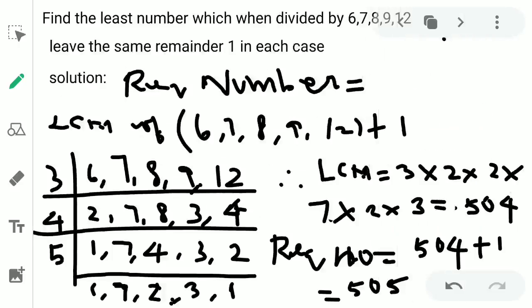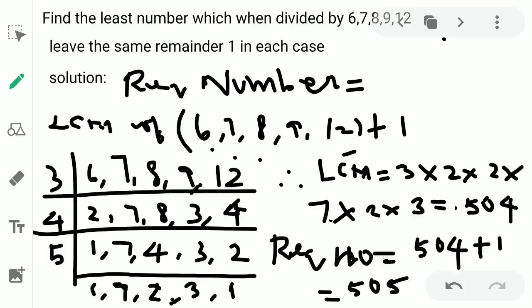Moving to the 16th question, find the least number which when divided by 6, 7, 8, 9, 12 leaves the same remainder 1 in each case. So the required number equals LCM of 6, 7, 8, 9, 12 plus 1, which we have to add at last after taking LCM.